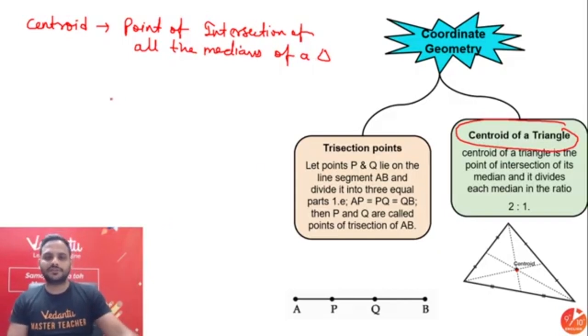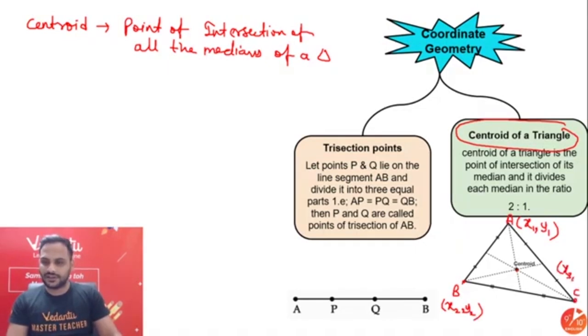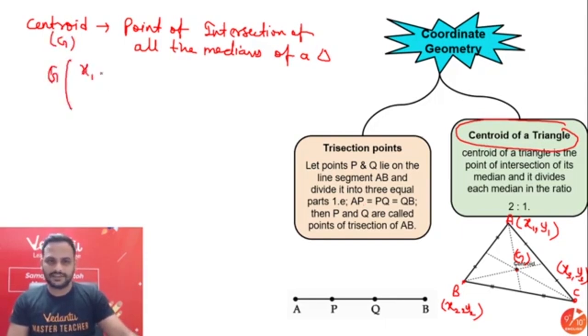Suppose this is a point A whose coordinates are x1 comma y1. This is point B whose coordinates are x2 comma y2, and this is point C whose coordinates are x3 comma y3, and we have to find out the coordinates of the centroid G. Centroid is represented by G. So the x coordinate of G will be (x1 + x2 + x3) divided by 3.